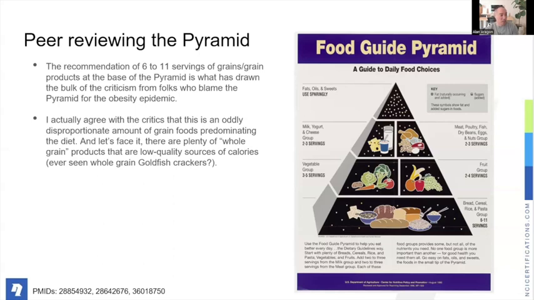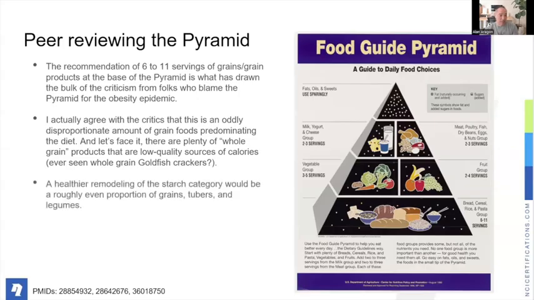And it's obviously not an in-quotes health food. It can function as a junk food, as not necessarily empty calories, but frivolous calories. So a healthier remodeling of the starch category would be a roughly even proportion of grains, tubers, and legumes.